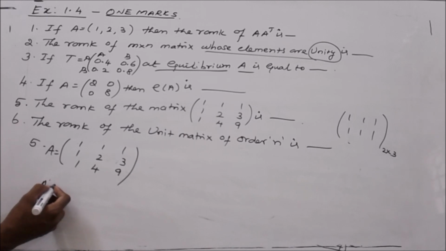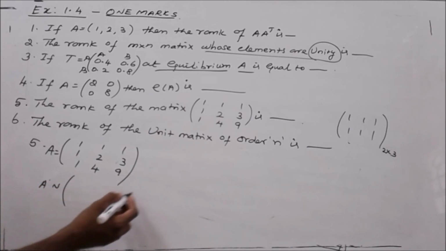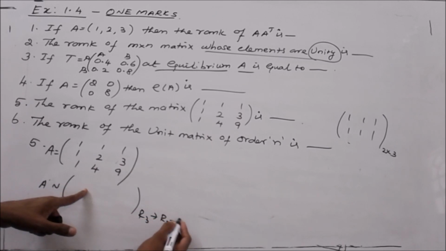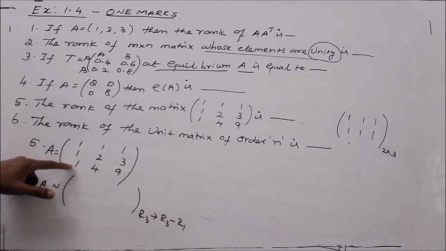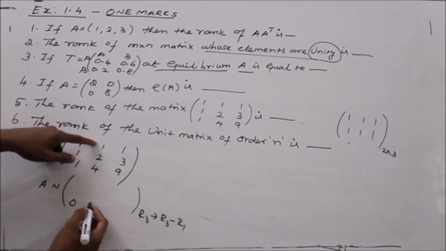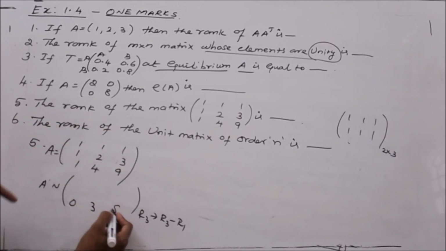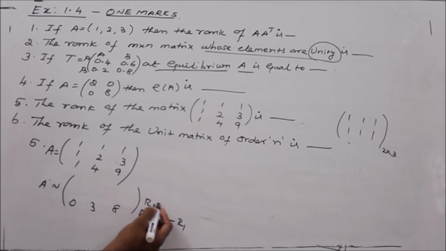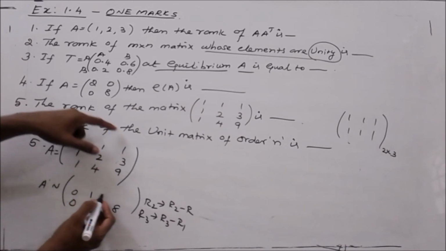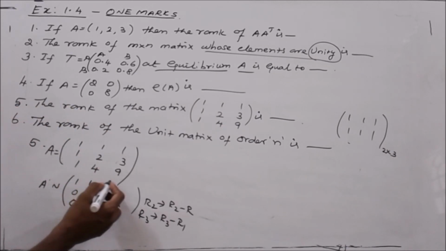Now I am applying elementary transformation here. R3 tends to R3 minus R1. Because we have both entries as 1, easily we can make it 0, 0. Then 4 minus 1, 3. 9 minus 1, 8. Then R2 tends to R2 minus R1. Here also 1 minus 1, 0. 2 minus 1, 1. 3 minus 1, 2. No change in the first row.